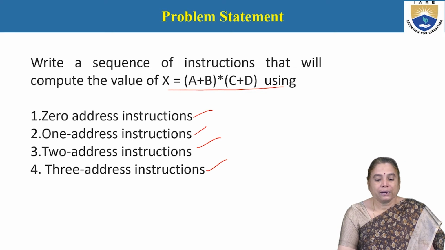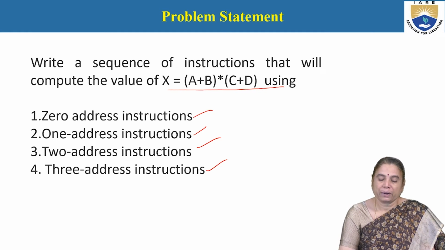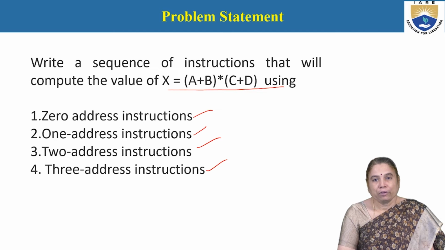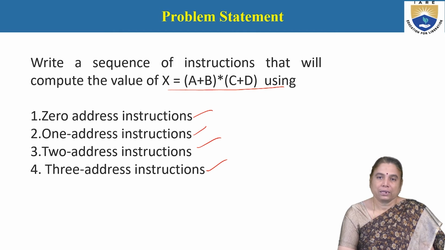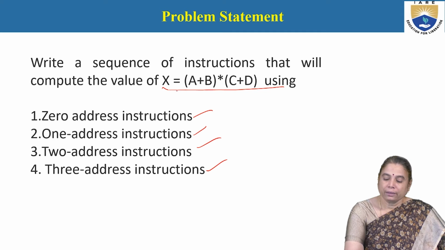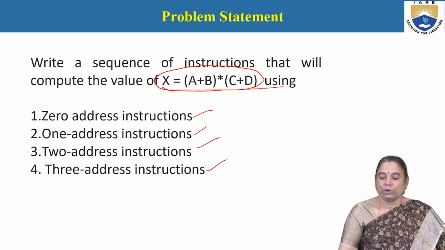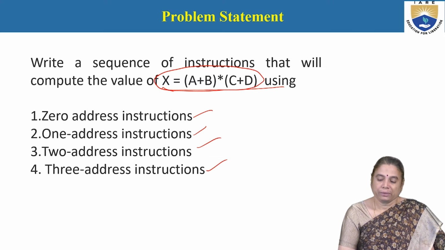In the case of 1 address instructions, 1 argument is specified in the micro operation, and generally the accumulator CPU organization is used. 2 address and 3 address instructions are register based instructions. The general purpose registers can be used here to perform the micro operations. By using these instruction formats, evaluate the expression X equal to A plus B into C plus D.